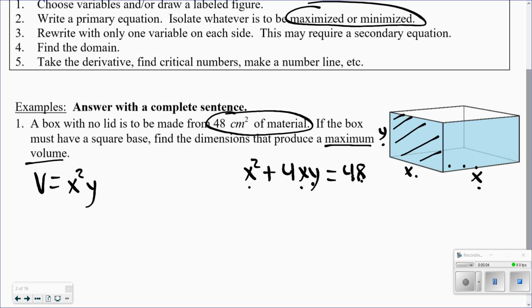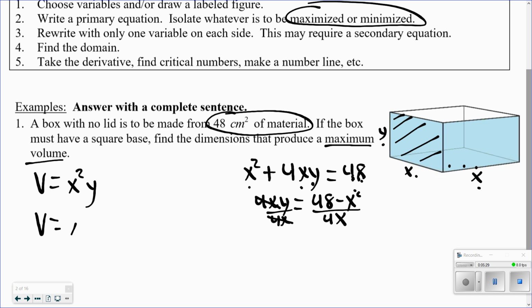I'm going to minus the x squared over. So I have 4xy equals 48 minus x squared, divide by the 4x. So y is equal to 48 minus x squared over 4x. Okay, I'm going to go over now to my equation, my formula over here I'm going to use.